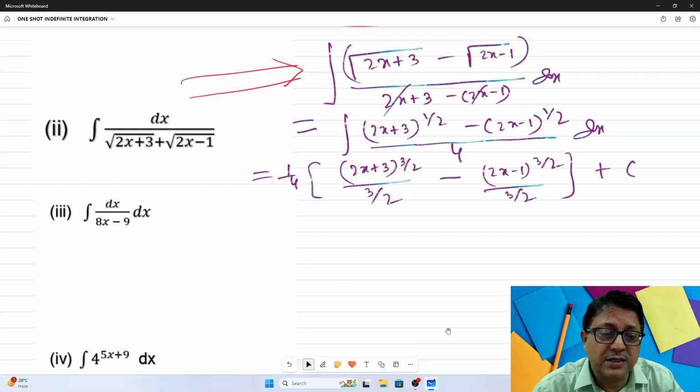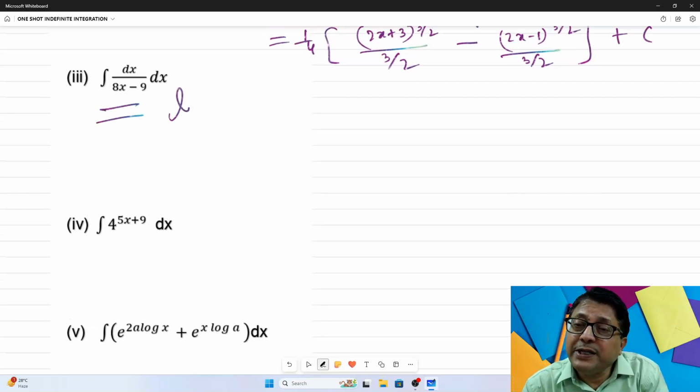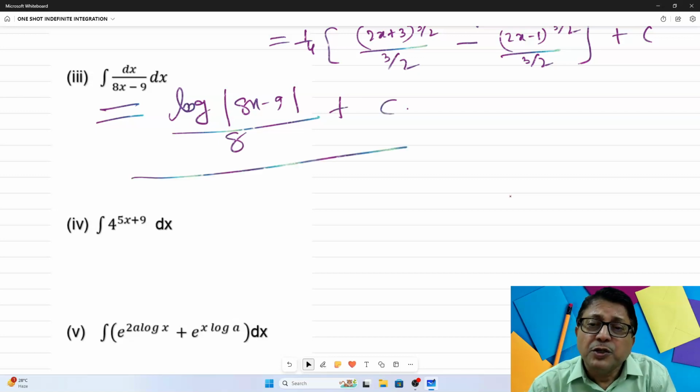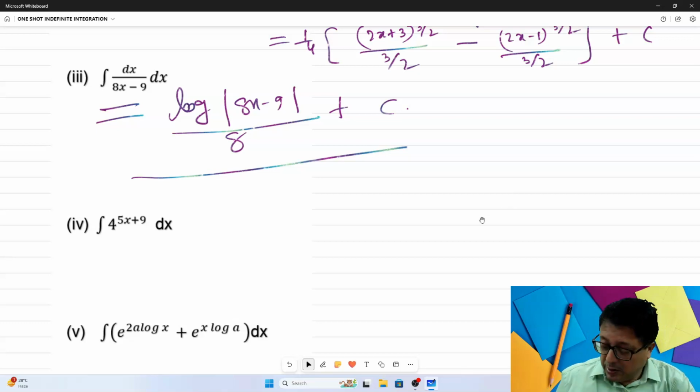After that you will get the answer. How to proceed with the next one? This is also a direct form, dx by ax plus b. It will be log of modulus of ax plus b by a plus c. So remember all these. Your MCQ on indefinite integration will not be a problem at all.